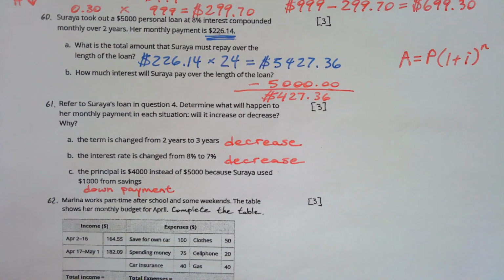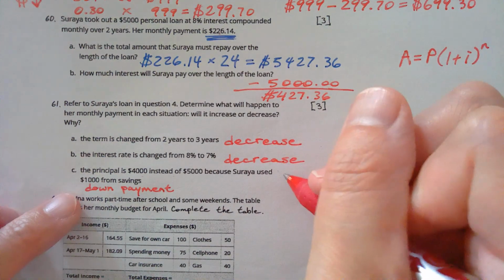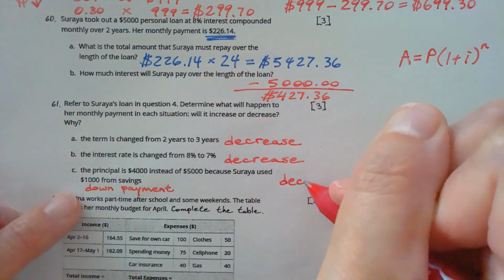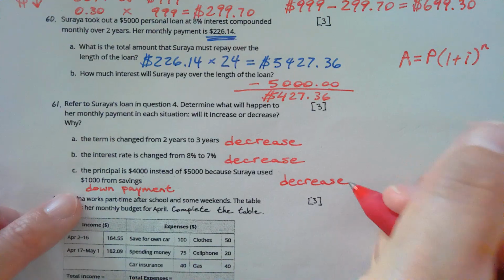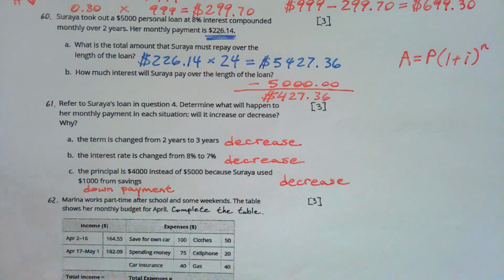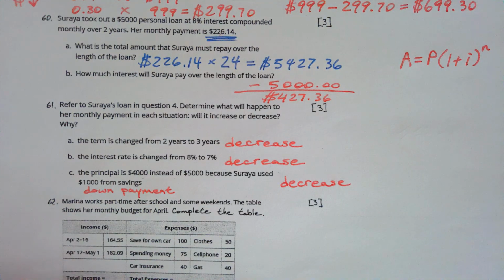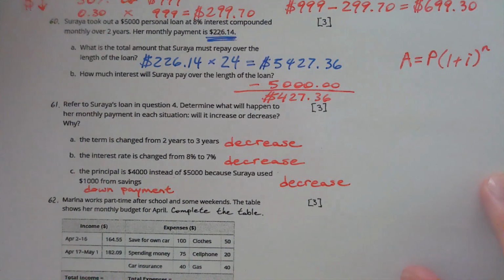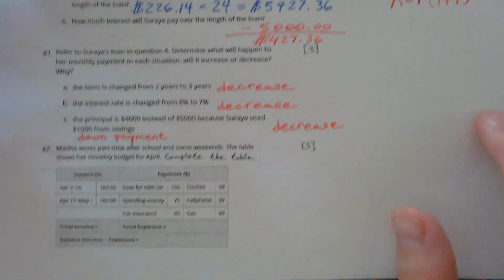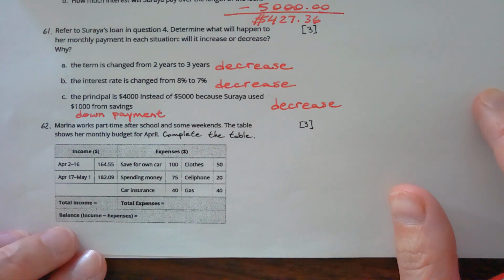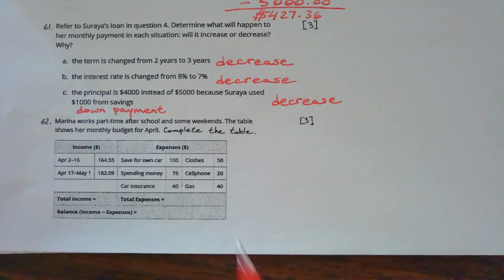Decrease, yes, because your principal is lower now. You will see these types of questions on EQAO. They'll tell you, if this happened, what happens? What about this? And then what happened to the interest or stuff. Okay. Last one right here.